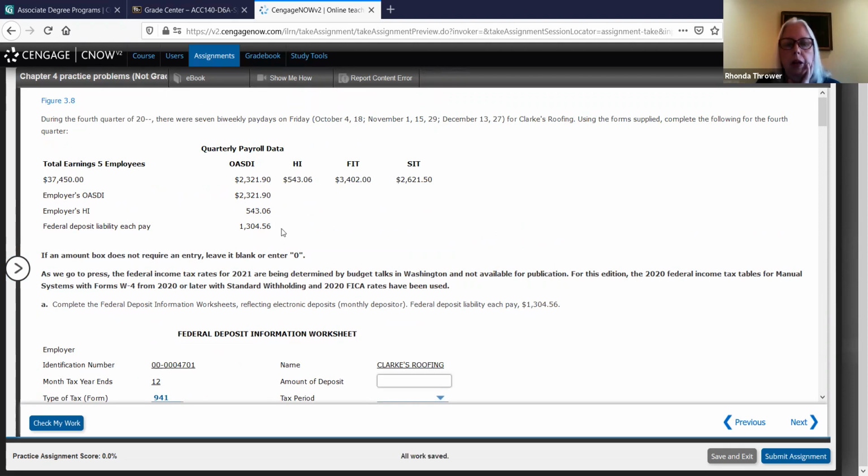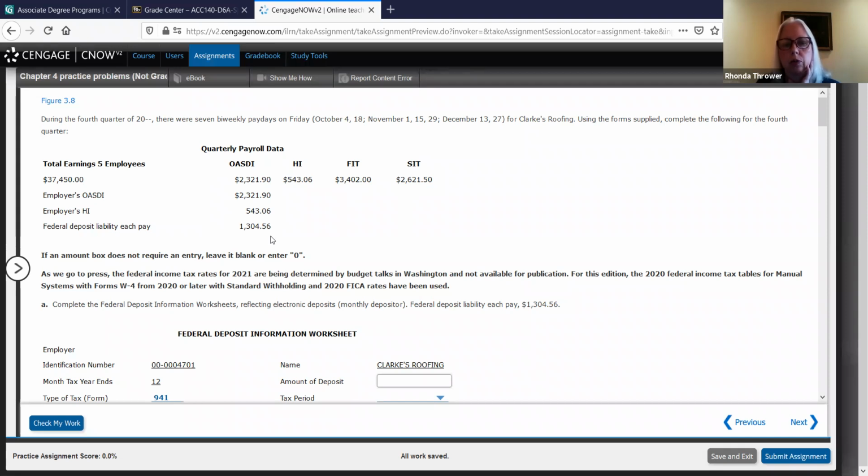The total amount of the deposit for each pay period is $1,304.56. In other words, they figured for you the Social Security, the HI, the part that the employer pays, the part the employee pays, as well as the federal income tax.